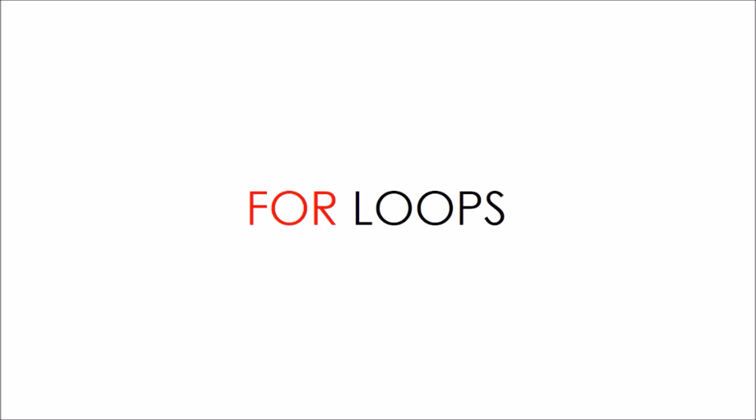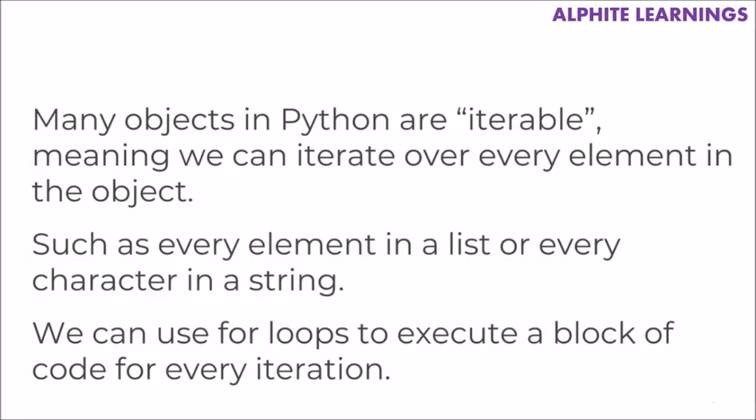So a for loop is nothing but, if you have many objects in Python, we use the term, which is very important, iterable, which means we can iterate over a certain set of elements, okay? So if I want to run my program 10 times, I'll iterate it that many times.